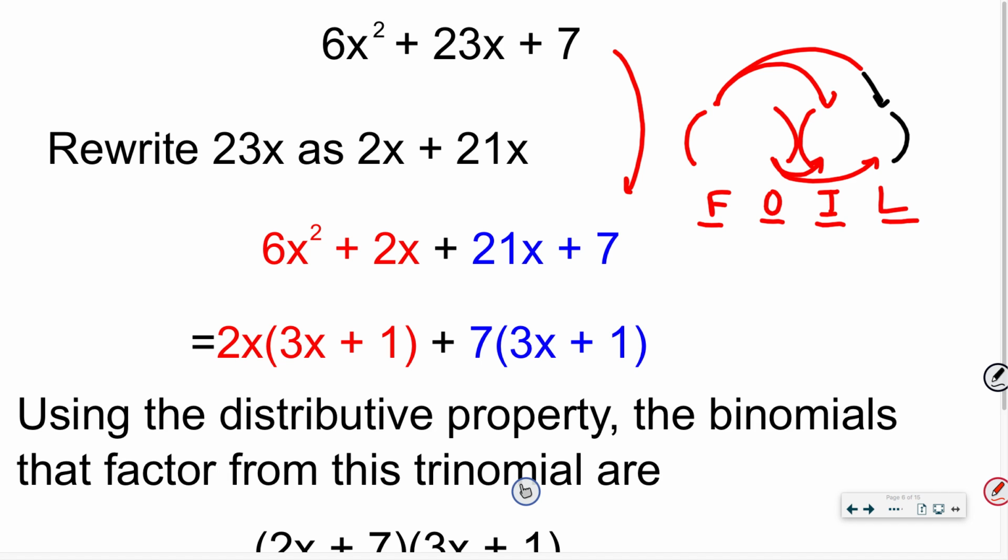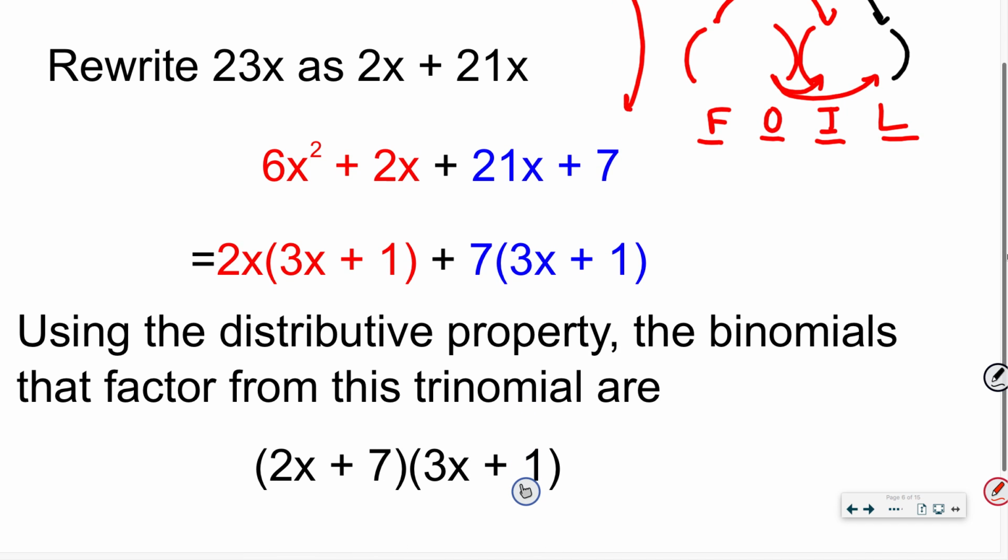Once I have this 4-term polynomial, I'm going to find the greatest common factor of the first 2 terms, which is here in red. And then I'm going to find the greatest common factor of the second 2 terms, which is there in blue.